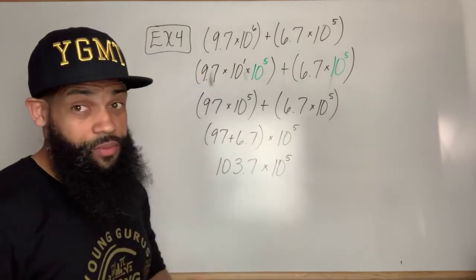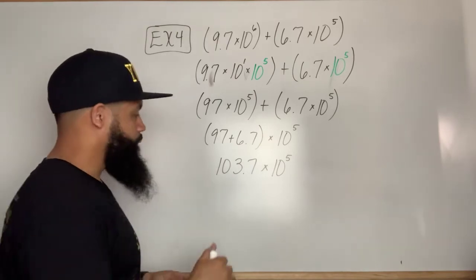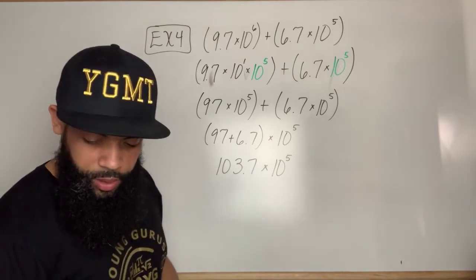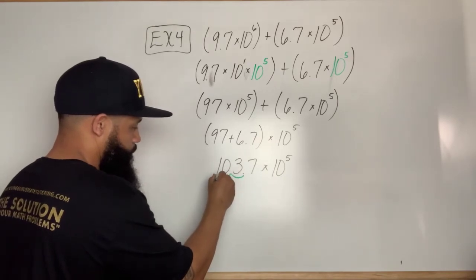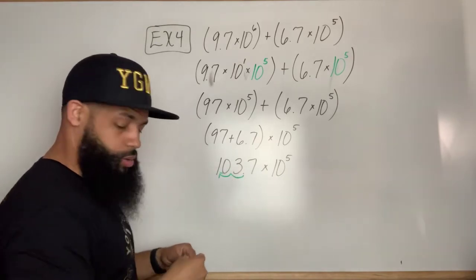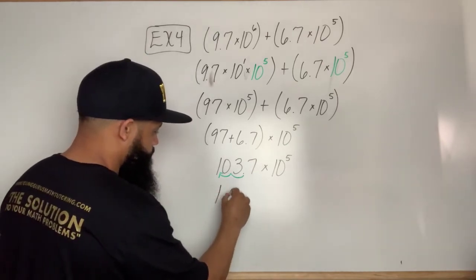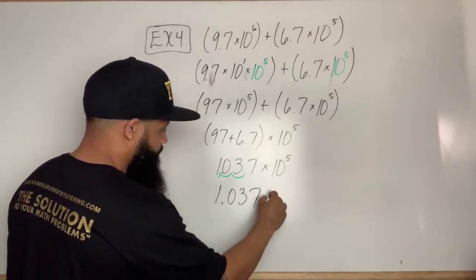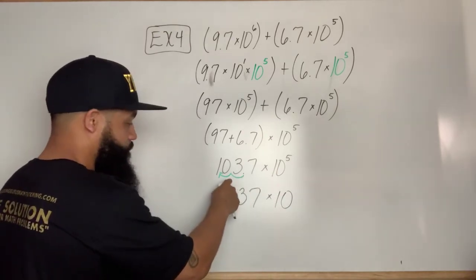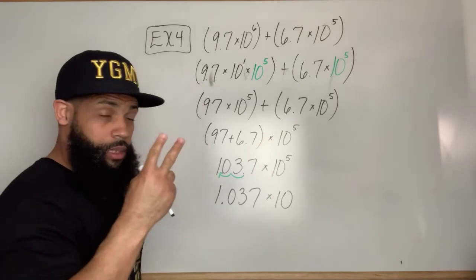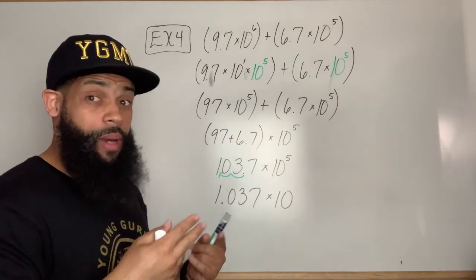This is not scientific notation though, because this number is not between 1 and 10. So I need to move this decimal place to the left. Boom, right there. So now I get 1.037 times 10. Remember, technically I'm dividing this first number by 100.